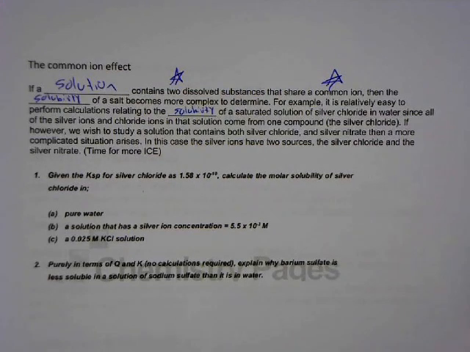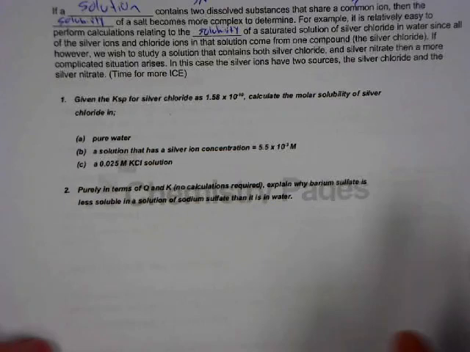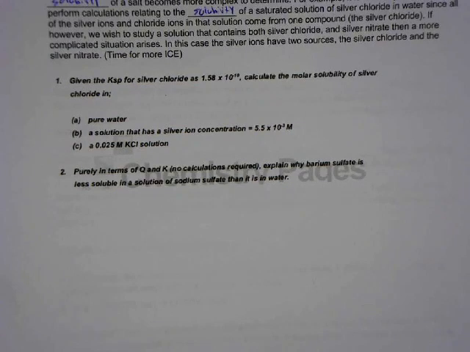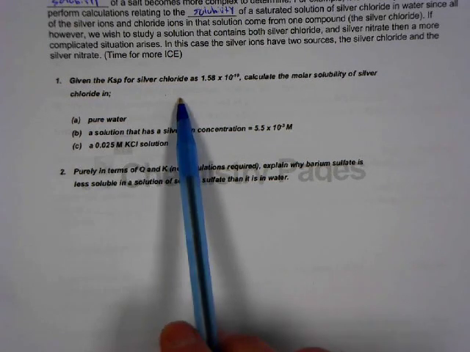For example, it's relatively easy to perform calculations relating to the solubility of a saturated solution of silver chloride in water, since all the silver ions and all the chloride ions come from one compound. If, however, we wish to study a solution that contains both silver chloride and silver nitrate, then a more complicated situation arises. In this case, the silver ions have two sources, the silver chloride and the silver nitrate. The only way you can solve this is ICE.